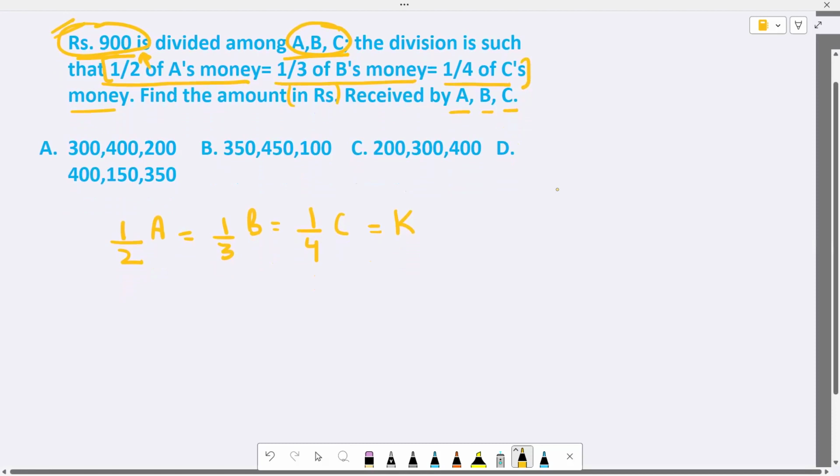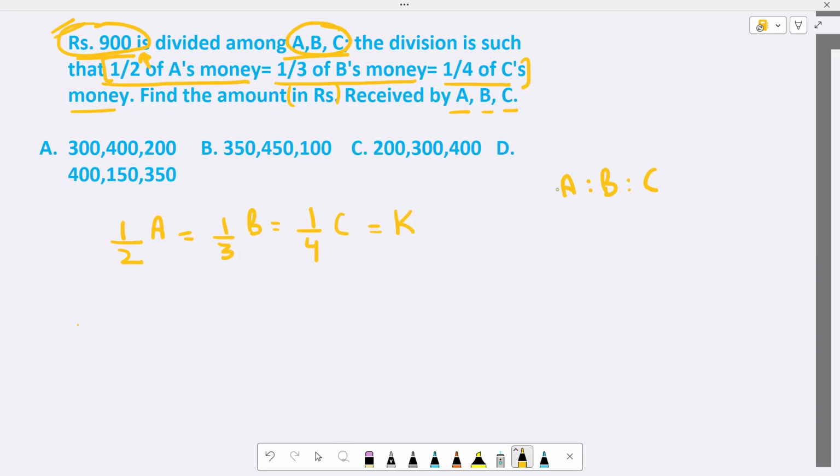So in order to simplify and get the direct relation of the ratio between A, B and C, I will substitute or shift the values. Hence if I put 1 upon 2A equal to K, I will get 2K is equal to A, because 2 will shift here and get multiplied, since here it is dividing A. So this is the first relation.